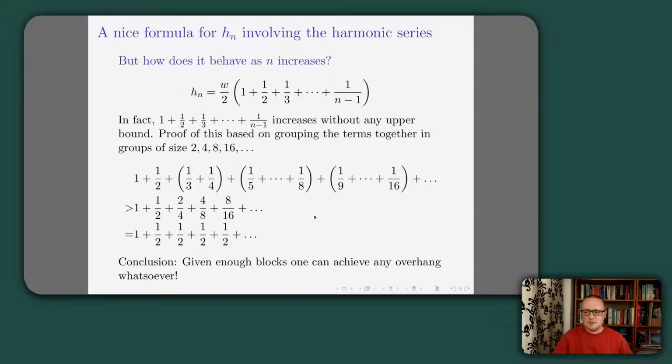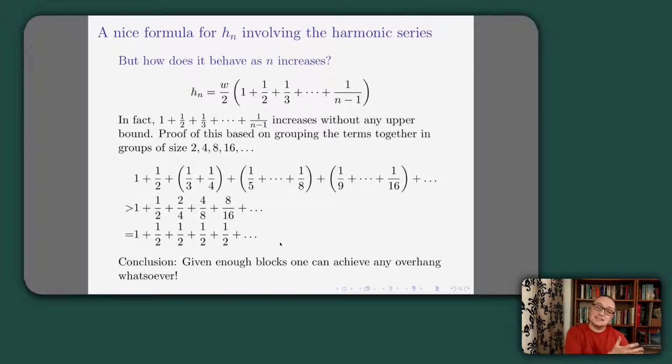Each new group of terms in the harmonic series will generate another 1/2. And we need to take more and more elements into the group at each stage, sure enough. But if I have as many blocks as I need, as I care for, I can generate as many halves into this expression as I want.